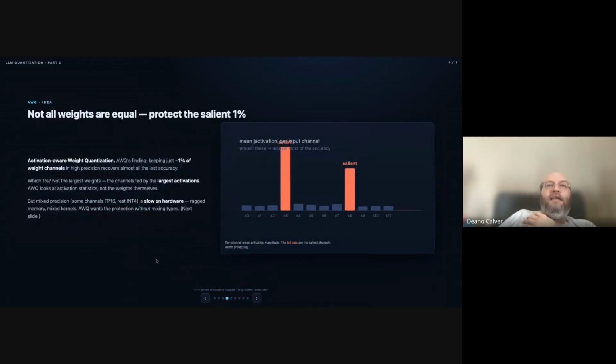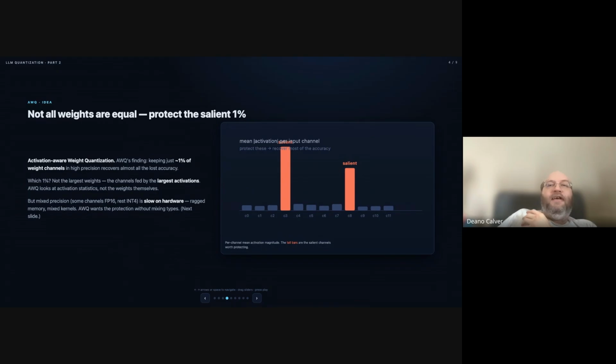And if that's the case, then comes activation aware weight quantization. Empirically, the research has shown that only about 1% of all the weights are actually important enough that if you preserve them at a higher precision, you will get almost all of your accuracy back.